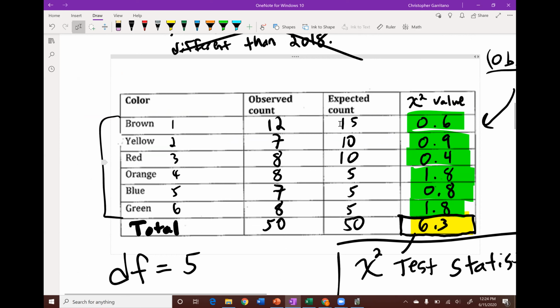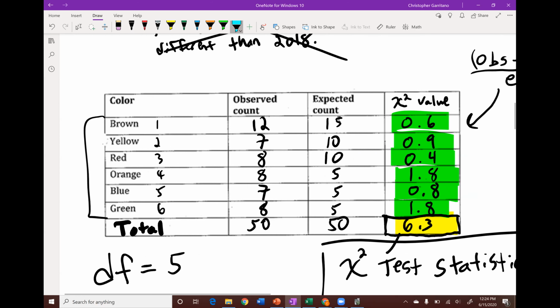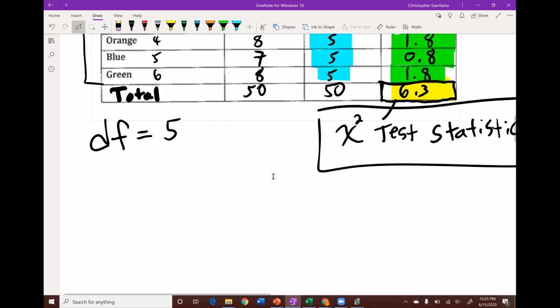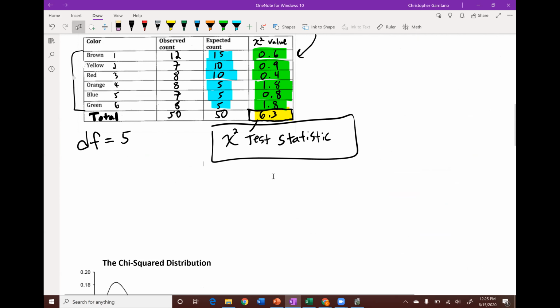So each of these values in this column, let me use blue here. We want to make sure that each of these is at least 5. And in this particular case, that is true. Of course, if it ends up not being true at some point, proceed with caution and carry out the test and maybe observe the results with a grain of salt.